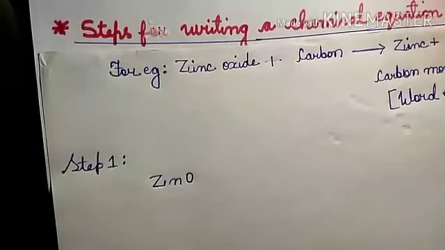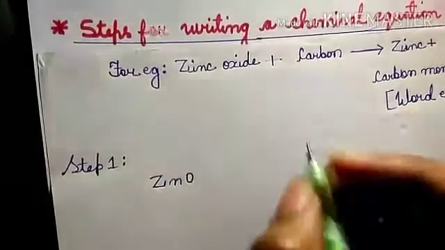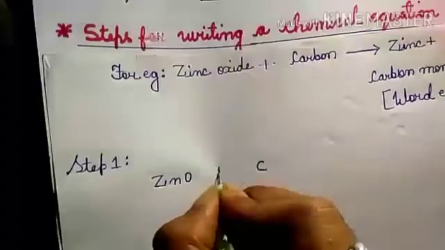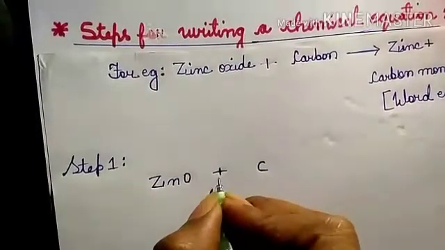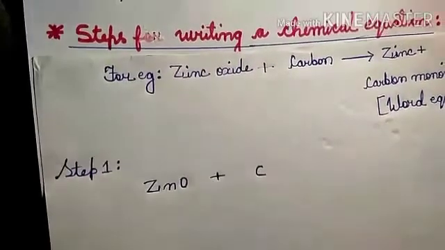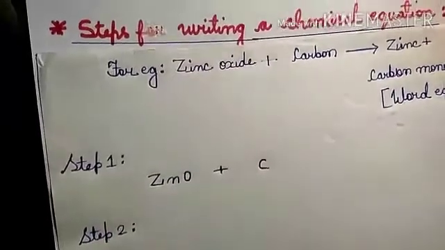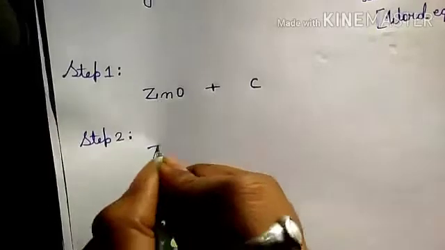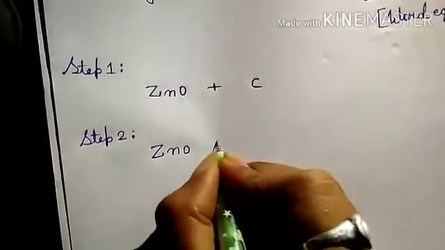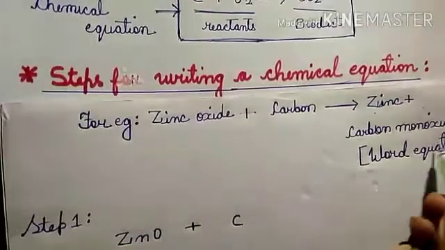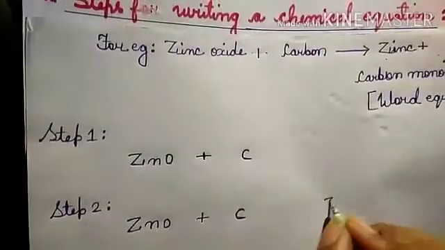In step 1, we write the symbols or the formulae of the reactants on the left side with a plus sign between them if they are two or more than two. In step 2, we write the symbols or the formulae of the products on the right hand side.